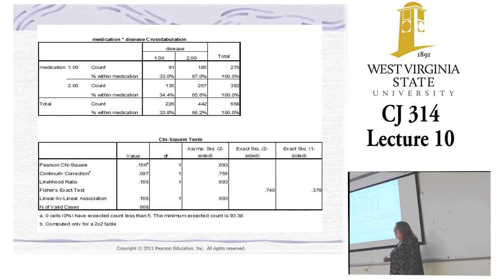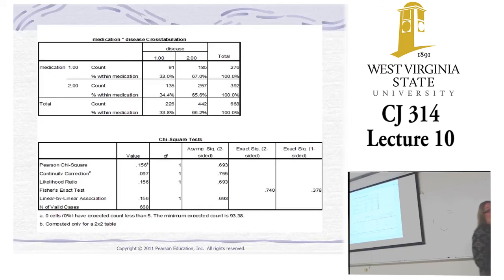Larger. So what do we do with the null? Retain or reject? Retain. Yes. Sig greater than 0.050, we retain. Sig less than 0.050, we reject. We would retain this null. We don't know what the test was, but we know observed and expected are equal.